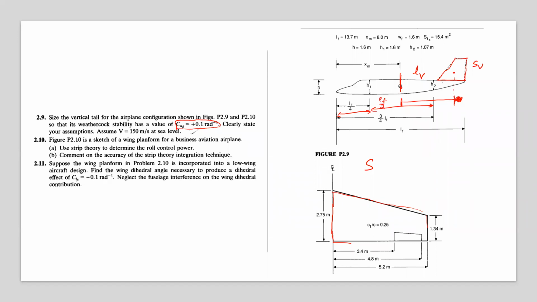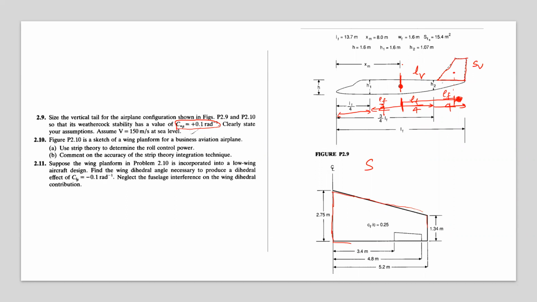So CG somewhere around here, LF by 4. So this is another LF by 4, and that should be another LF by 4. So clearly, if I consider CG to be at the center of this fuselage, we can work with that assumption.